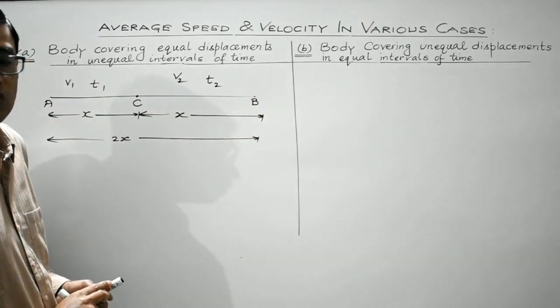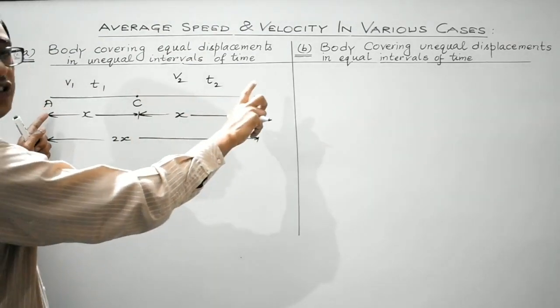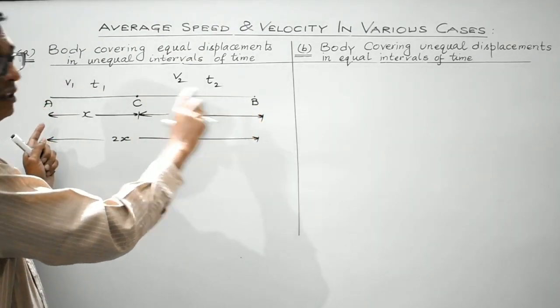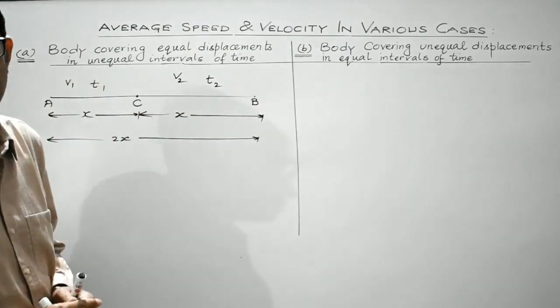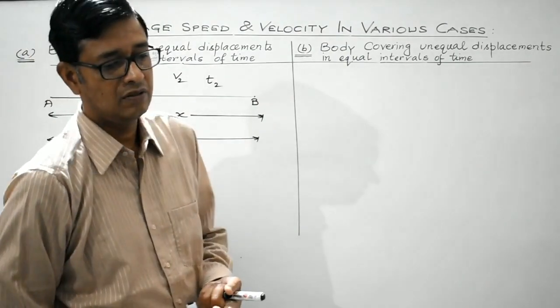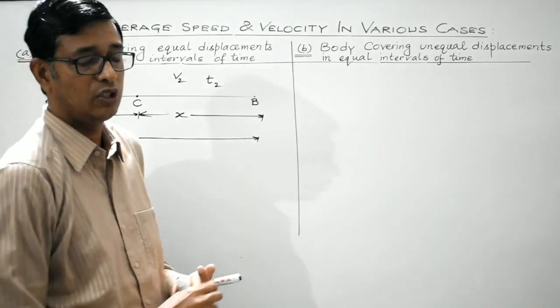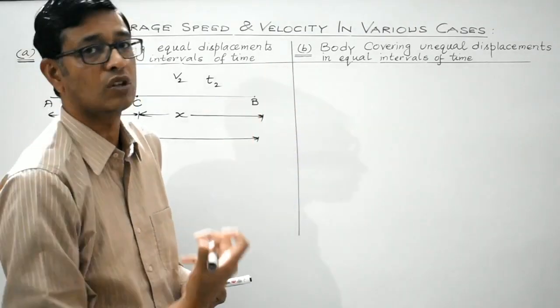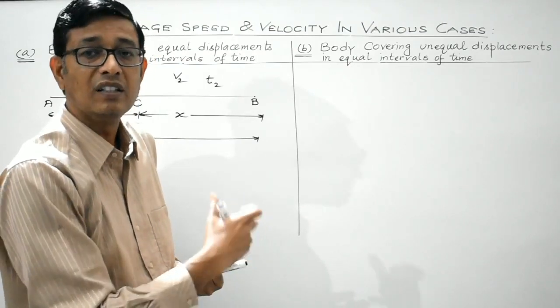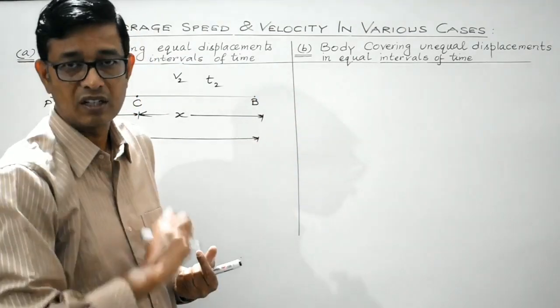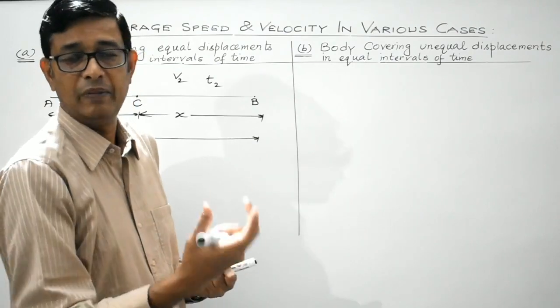We need to find the average velocity for the trip from point A to point B. As you are aware, average speed is equal to the total path length divided by the total time taken, and average velocity is equal to the total displacement divided by the total time taken. So we will make use of this formula.